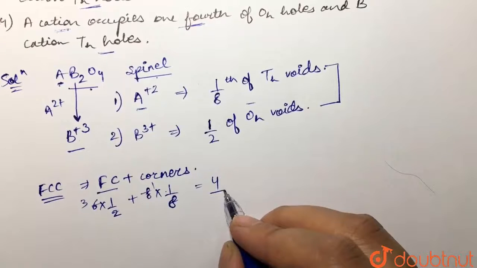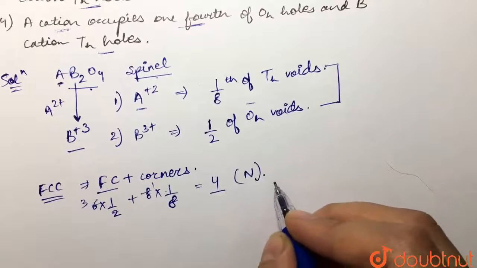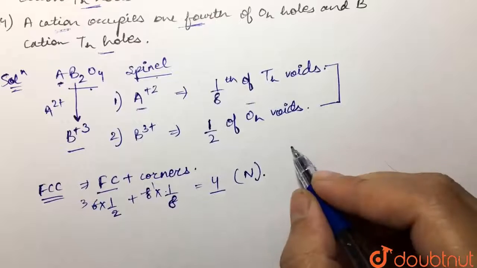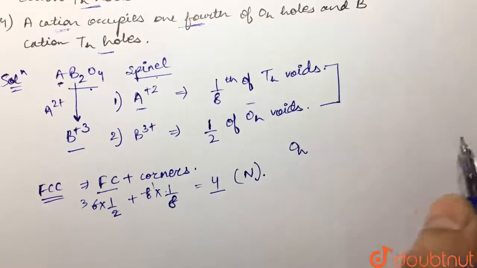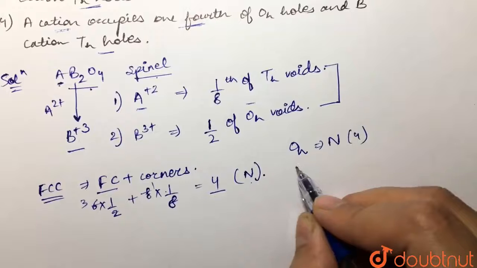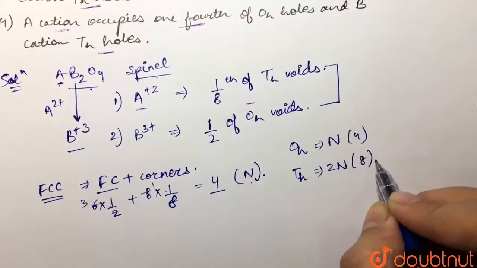That means the number of atoms in each unit cell would be 4, right? So let's suppose these are n. Then we are talking about octahedral voids and tetrahedral voids. Octahedral voids, we know, are always n in number, that means they're going to be 4, and tetrahedral voids are 2n in number, that means they're going to be 8, right?